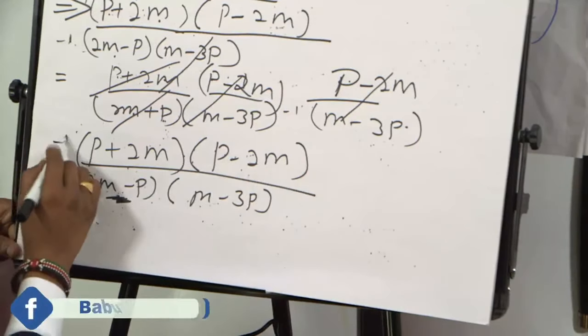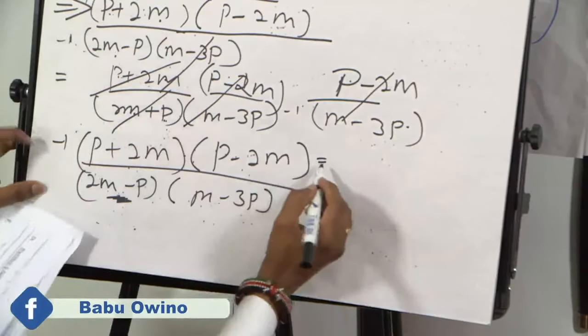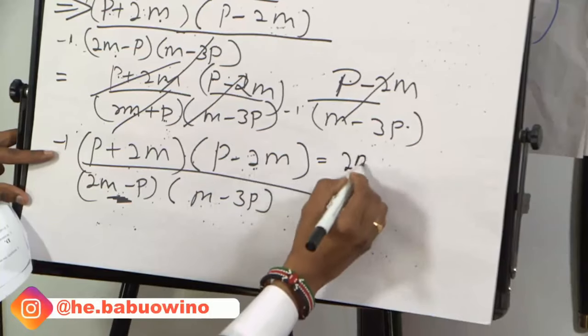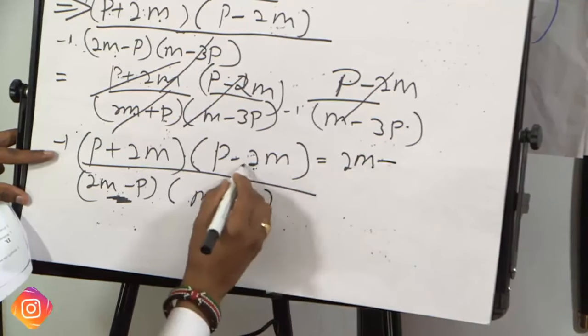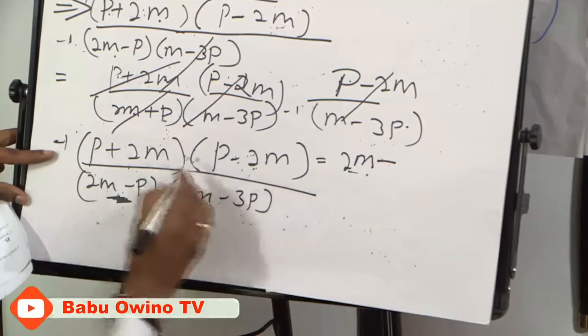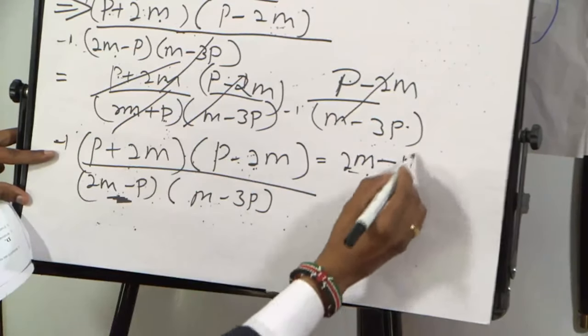So when you introduce a negative at the top, multiply this by the negative, you will get 2m minus p. Minus times minus 2m is 2m. Then minus times p is minus p.